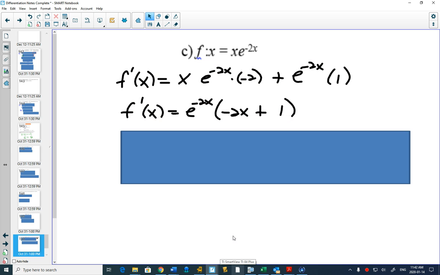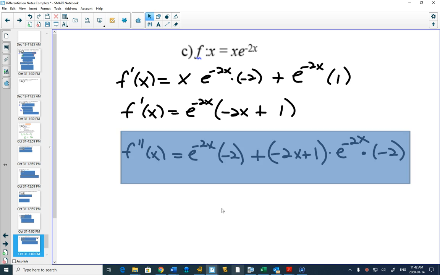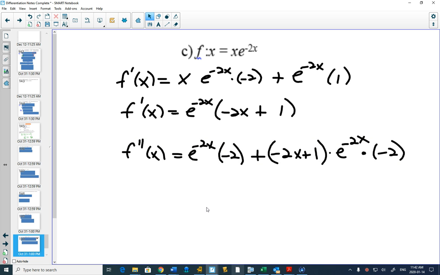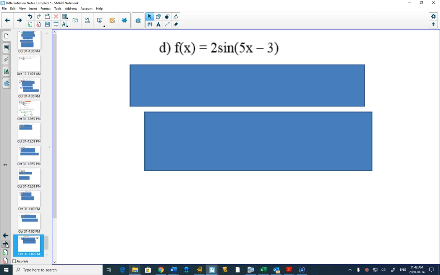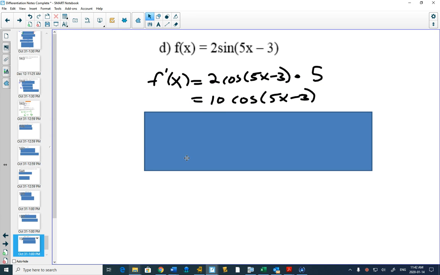C, product rule for your first derivative. I took the time to factor it out. And then product rule again for the second derivative. D, product rule is chain rule for the first derivative.